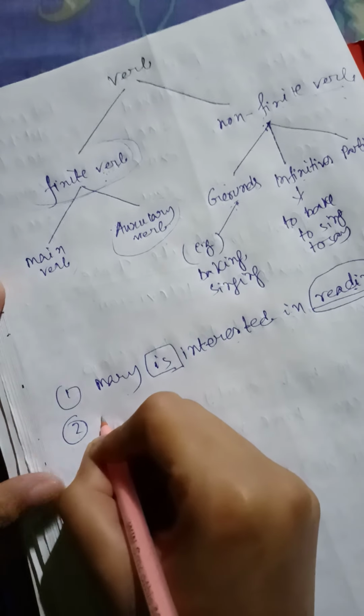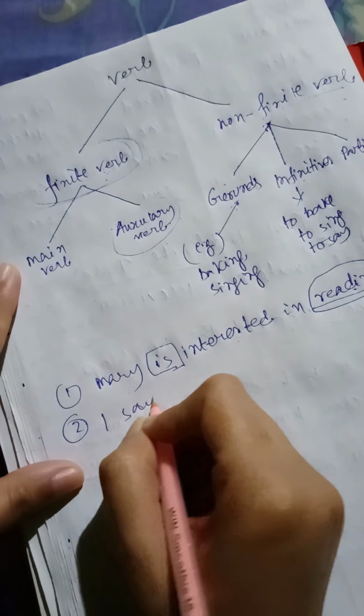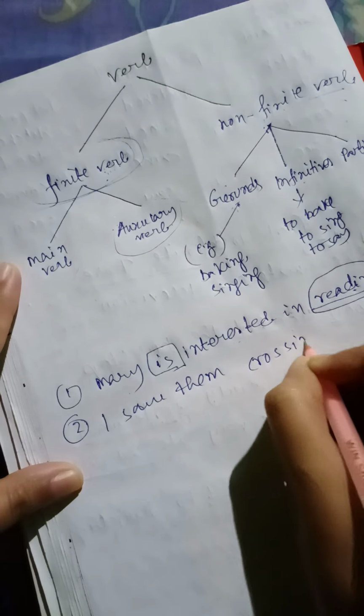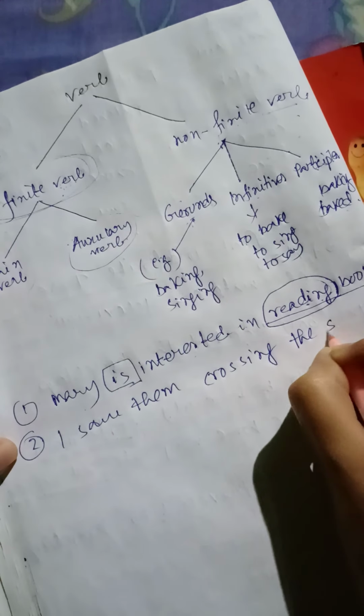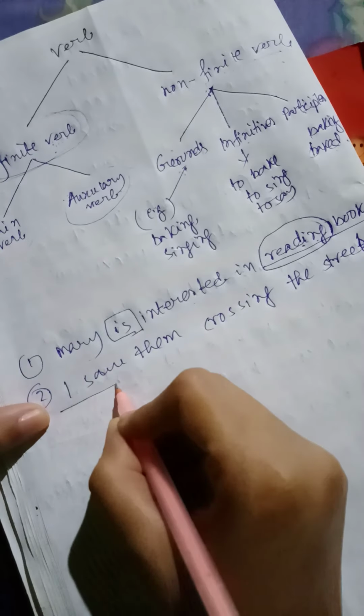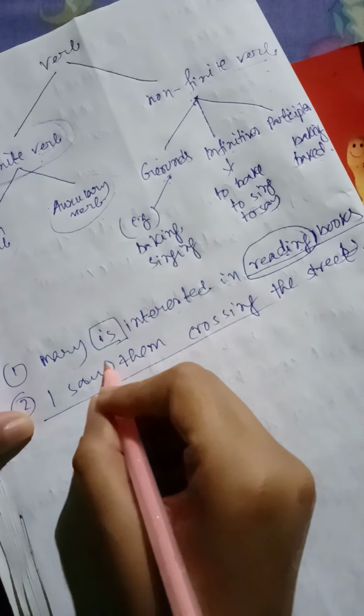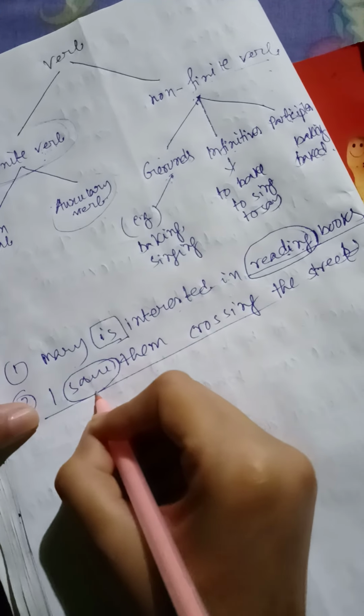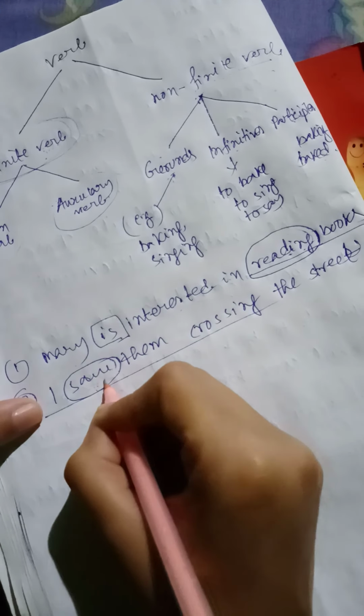Another example: I saw them crossing the street. Okay, here the tense of the verb is past indefinite. We can tell it by seeing the second form of verb, that is saw.